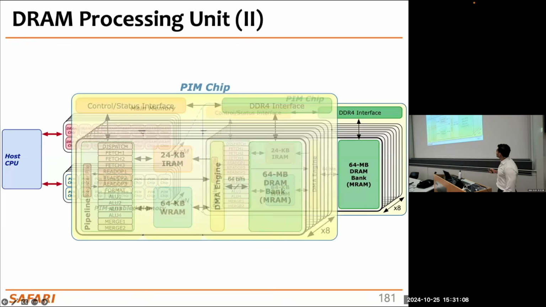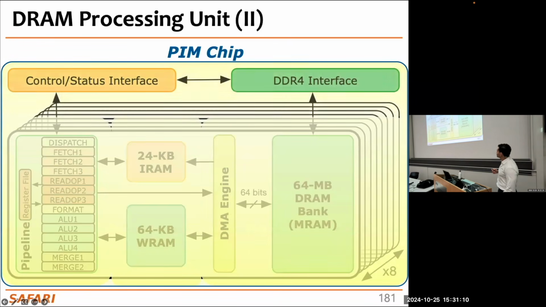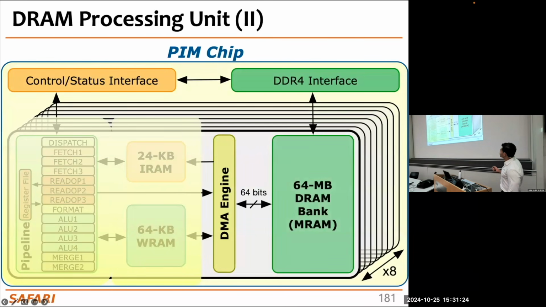This is the same chip in a little more detail, in a cartoonish version. We have a control interface and a DDR4 interface to allow the CPU system to communicate with the DPU chip itself. Then we have those 64 megabytes of DRAM bank, MRAM, which stores the data.